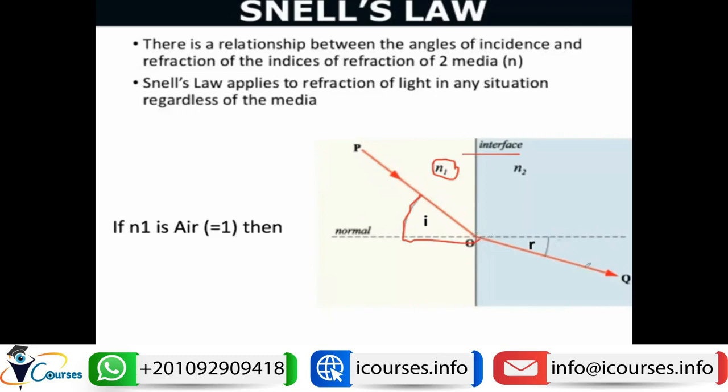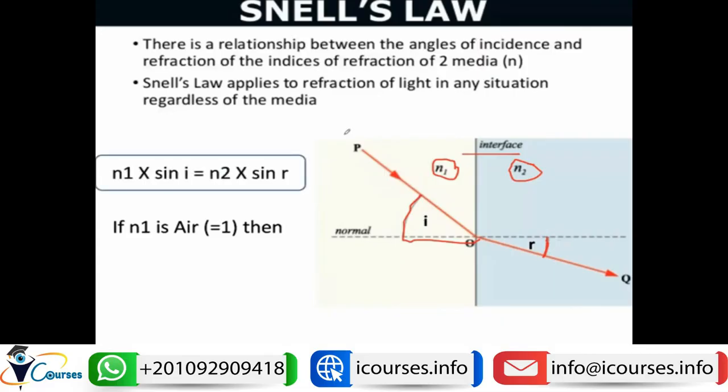Then the light will be refracted, so it will pass into the second medium, which has a refractive index of N2, and the angle between the refracted ray and the normal will be called R, the angle of refraction. The rule here is that the refractive index of the first medium multiplied by the sine of the angle of incidence equals the refractive index of the second medium multiplied by the sine of the angle of refraction. This is called Snell's law.